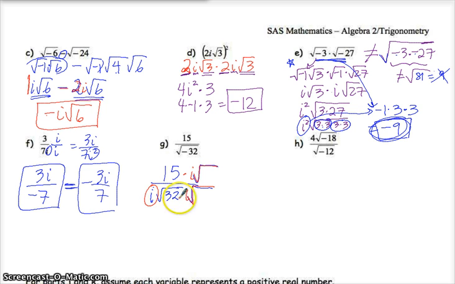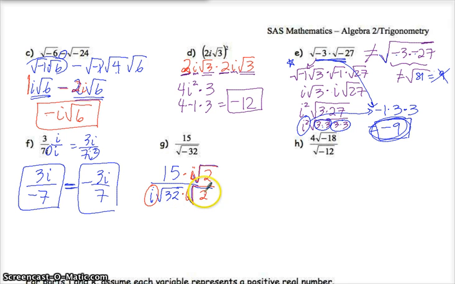Well, 32 times 2 will give me 64, and 64 is a perfect square. So I'm not going to multiply by the square root of 32, because that's going to be a huge number that I'm going to end up canceling. So if I just recognize that 32 times 2 is 64, then I'm going to have a perfect square down here in the denominator.